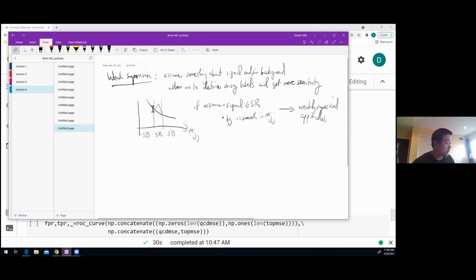Okay, but of course, if I just have MJJ, I'm just doing the vanilla bump hunt. The reason this becomes more interesting or more sensitive is that there are other features in the data besides MJJ. So let me call these other features X. So maybe X is, like we said before, MJ1, MJ2, and subjettiness.